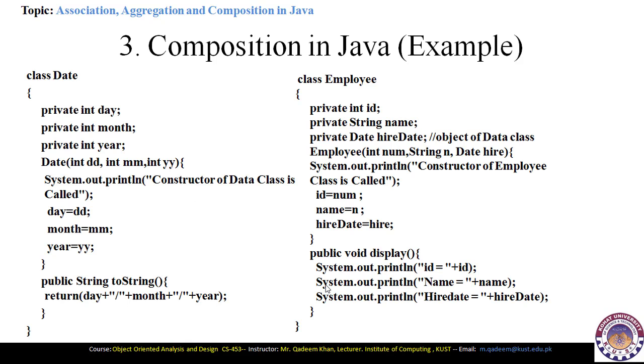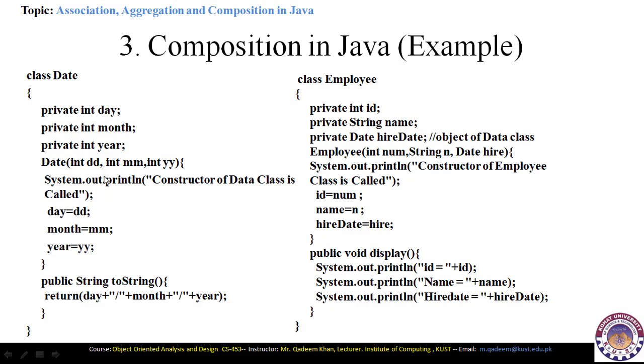This is an example of composition in Java. You can see the Date class with private int day, private int month, and private int year. These are three attributes of the Date class. Then we have the Date constructor with int d, int m, int yy, which prints that the construction of Date class is called.